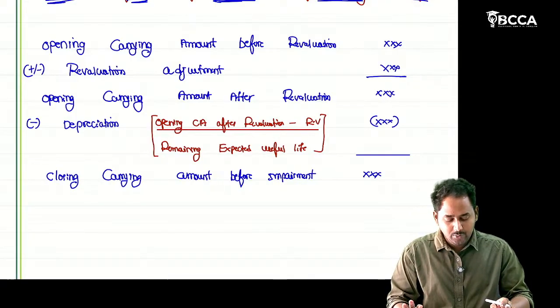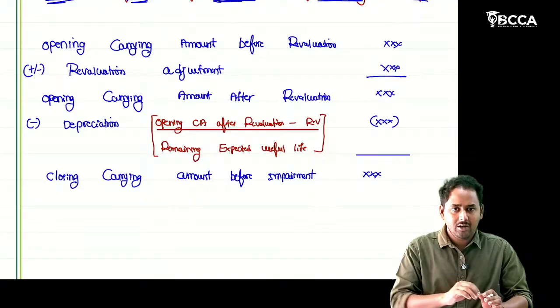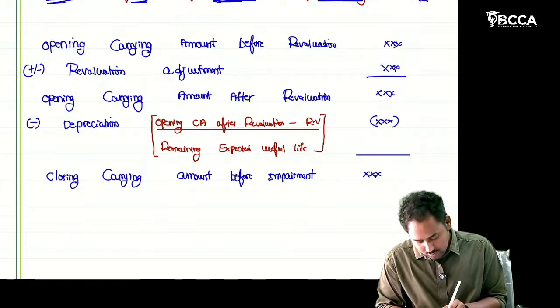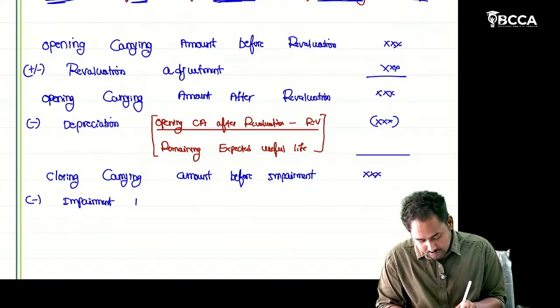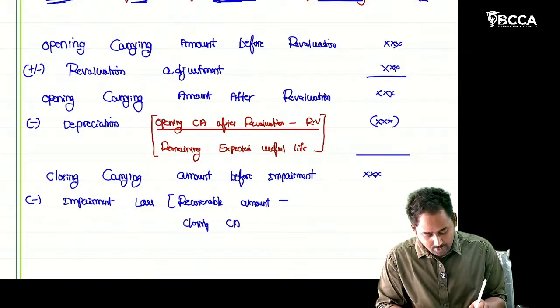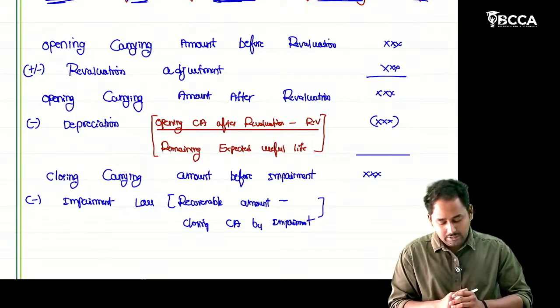So I am going to compare the closing carrying amount before impairment with the recoverable amount. Then I should provide the impairment loss. How to calculate the impairment loss? Recoverable amount minus closing carrying amount before impairment. If you follow this format, that's enough. You can get the answer.